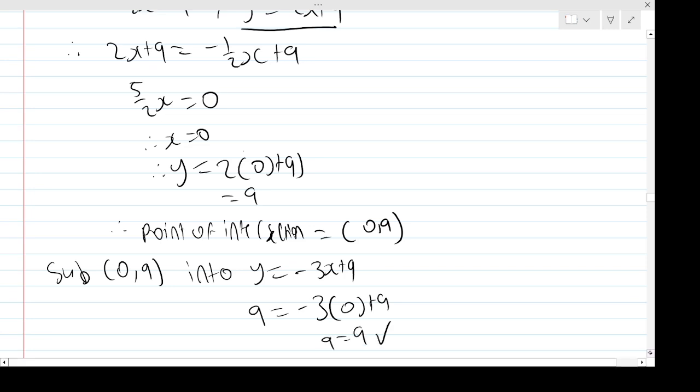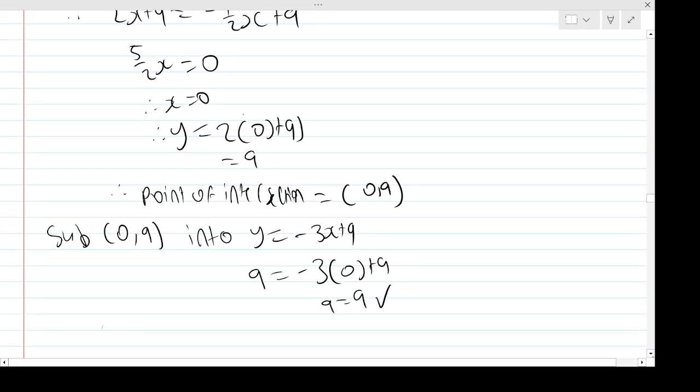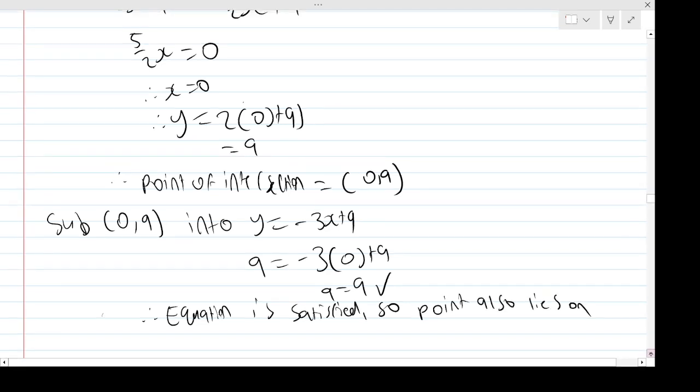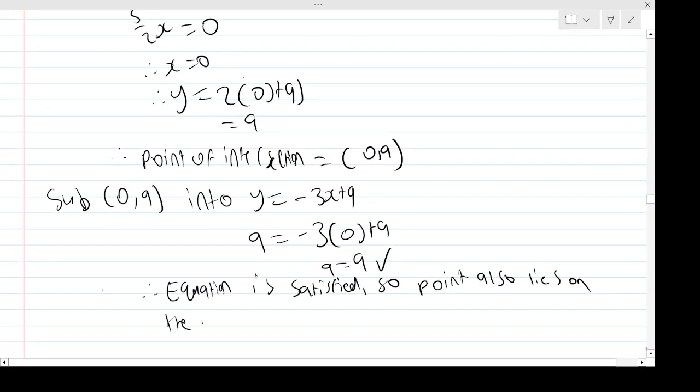Therefore, the equation is satisfied. So the point also lies on the perpendicular bisector, as well as the two tangents, okay?